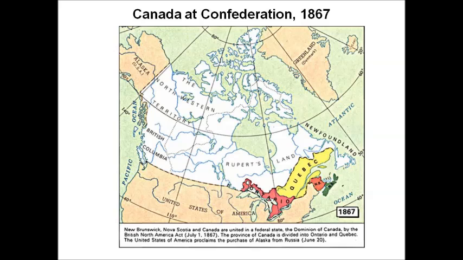So here's Canada, right at Confederation. We think of Canada as the second largest country, but back at its beginnings, it was just these four provinces. And notice how tiny Ontario and Quebec were at the time in comparison to now, right? Rupert's Land, that was territory in Canada.